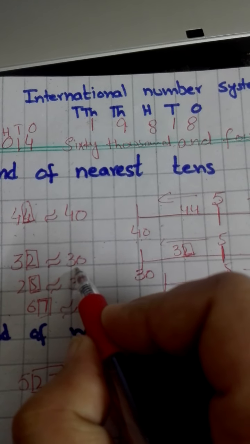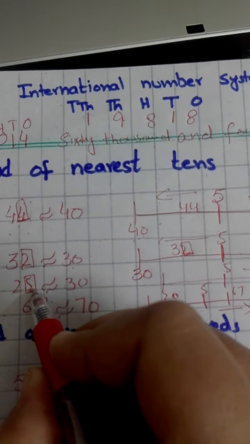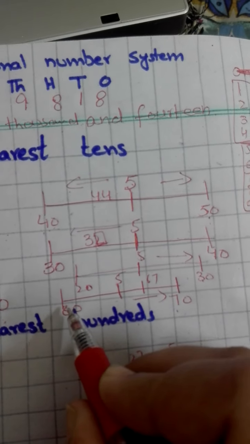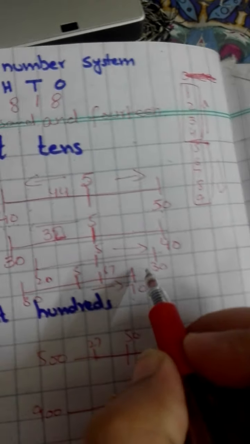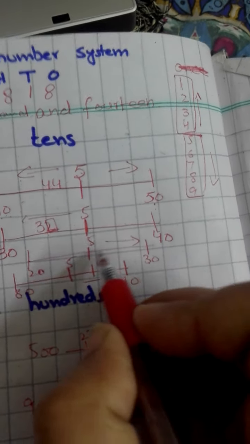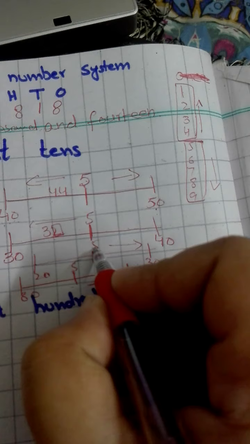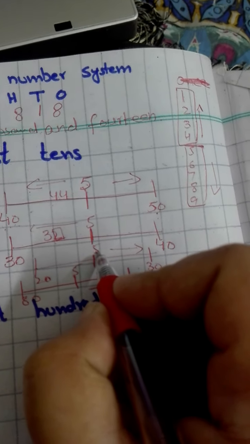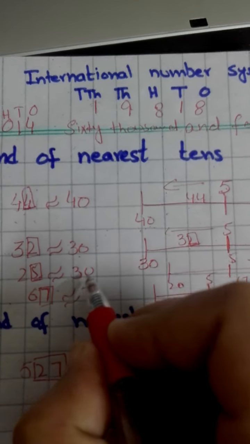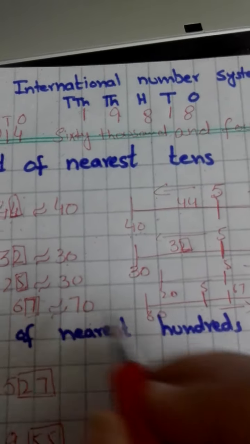The answer is 30. 25. 25 is between 20 and 30. The ones value is 5, and 5 or greater than 5 is nearest to 30. The answer is 30.